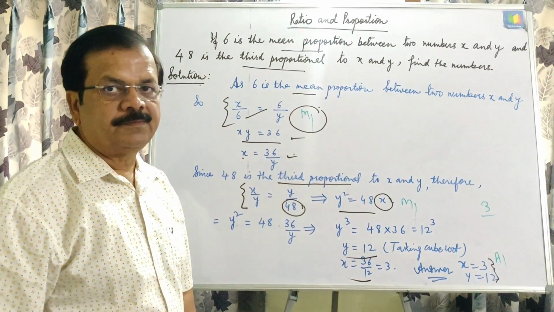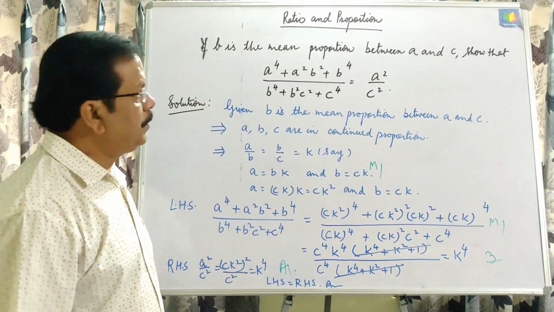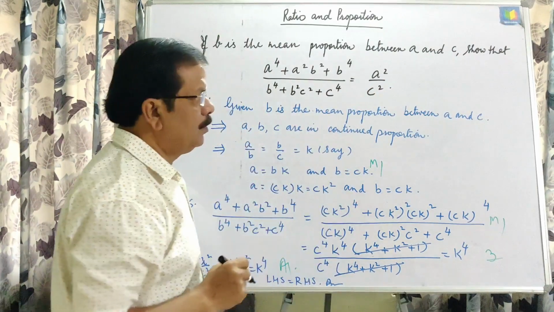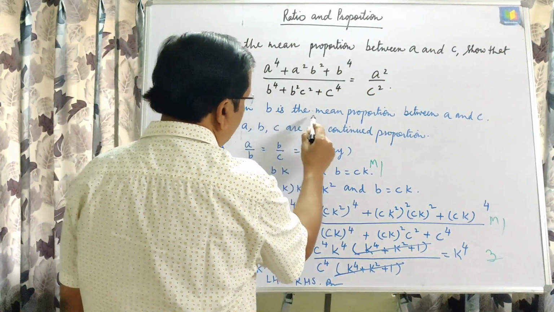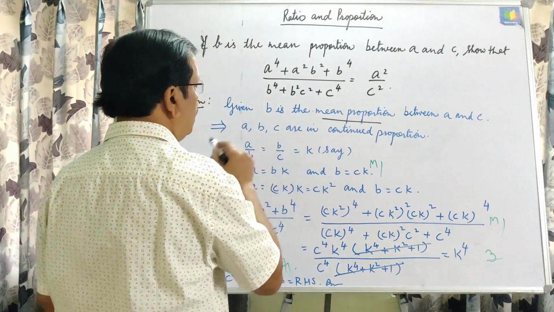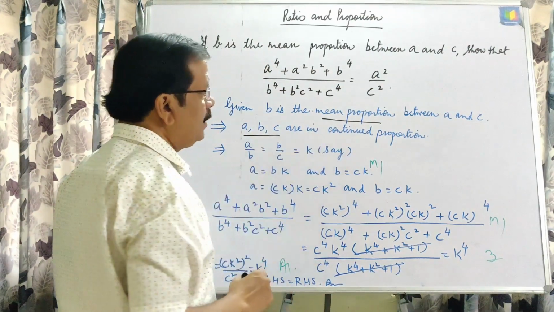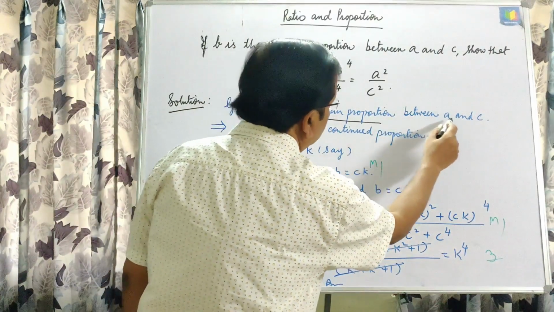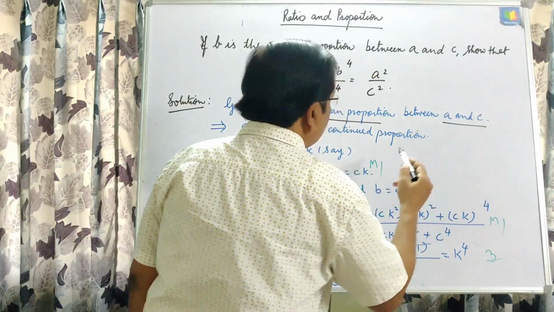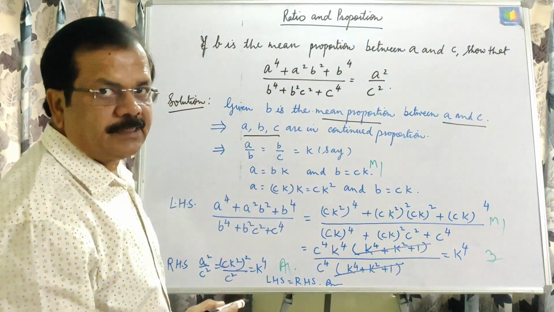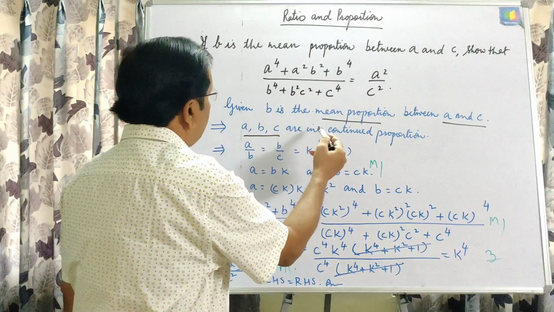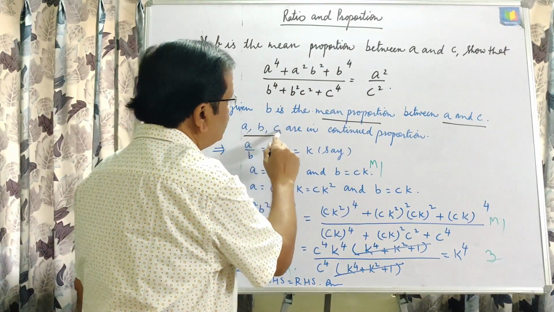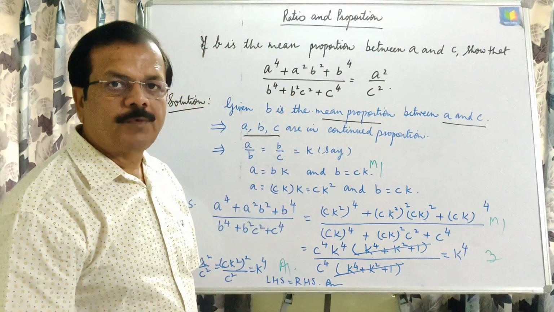Now next question. If B is the mean proportion between A and C, show that this value. In this question, if you know the meaning of mean proportion, B being the mean proportion between A and C has been told in another way, that is A, B, C are in continued proportion.